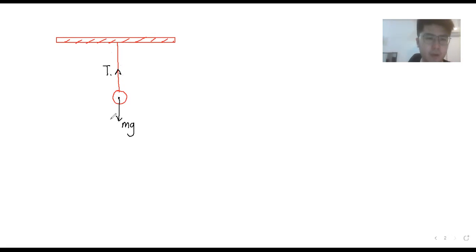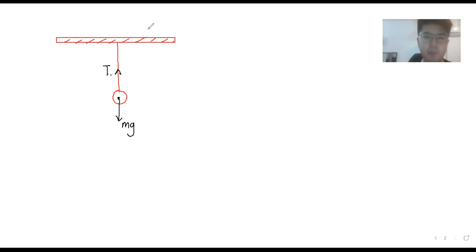If you're only looking at this force mg, the pendulum should fall down. But the tension, the string, prevents it because the string will not break. So T is balanced by mg.